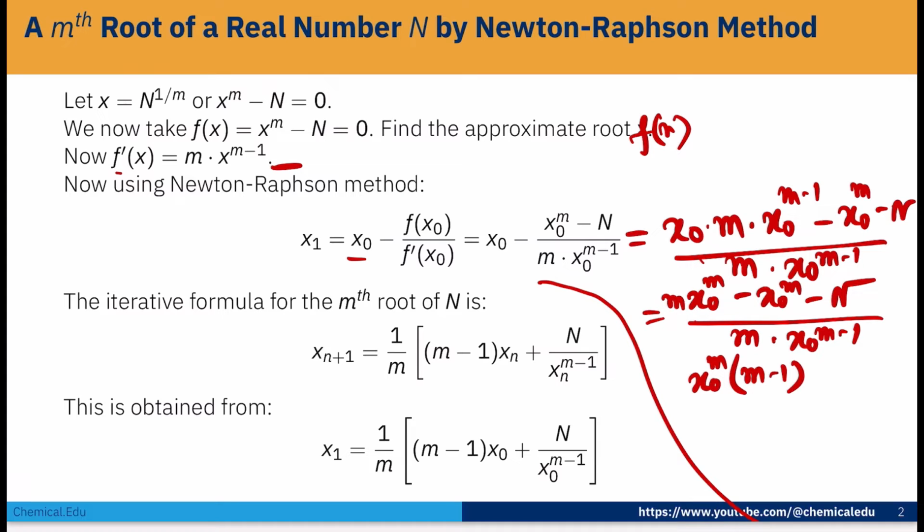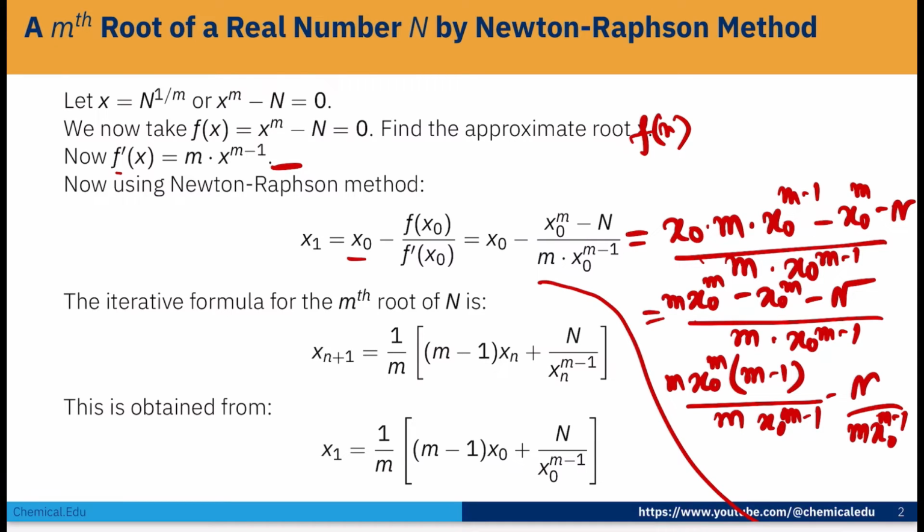Okay, and then it will be m, so here m will be there, and x0^(m minus 1), then minus n by m x0, sorry, m minus 1, so x0.